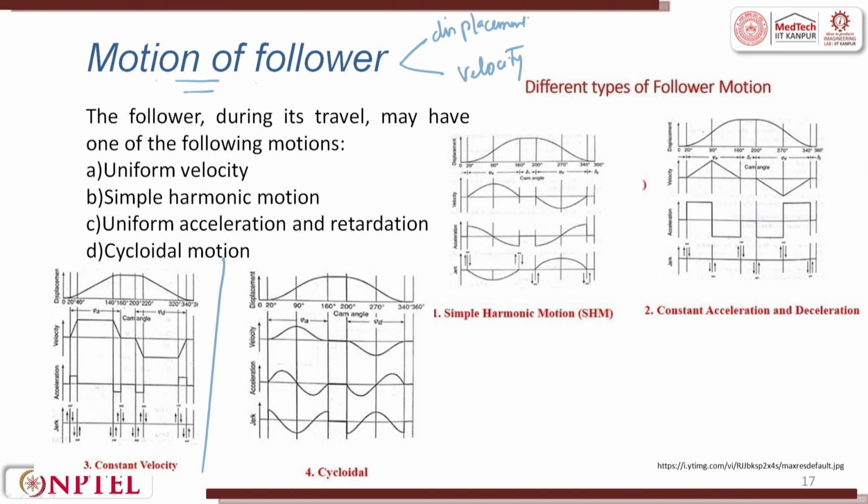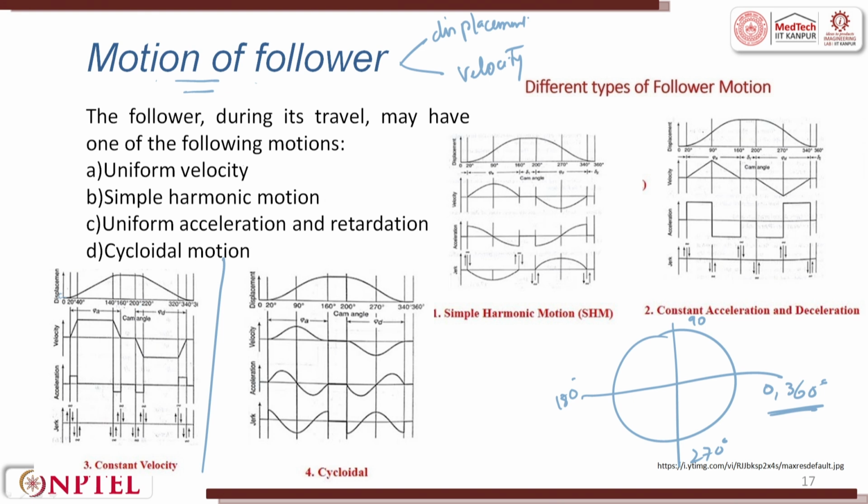So, this is the displacement, and we talk with respect to angles, maybe 0, 90, 180, 270 degrees, right. When a cam rotates one rotation, it comes again to 360 degrees. On the x axis they will talk about degrees, for example 0, 20, 40, 140, 160, 200, 240.